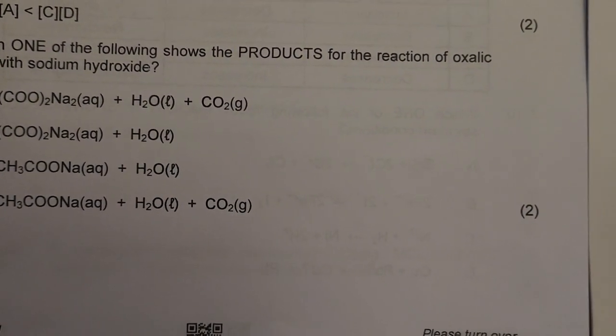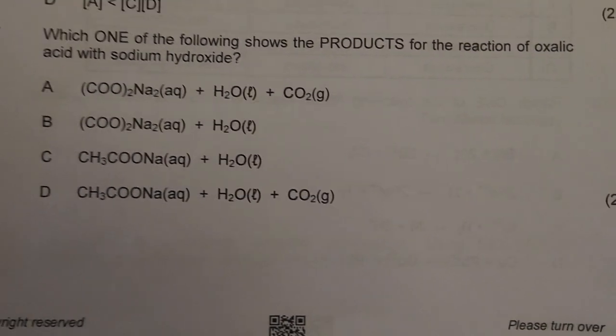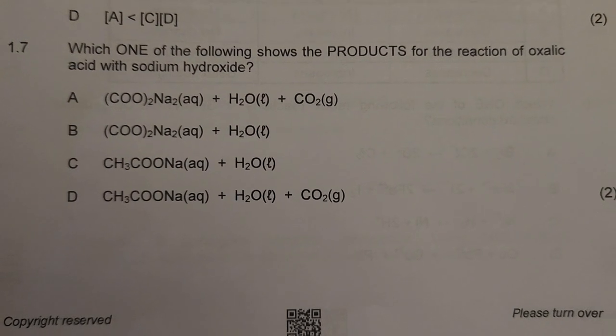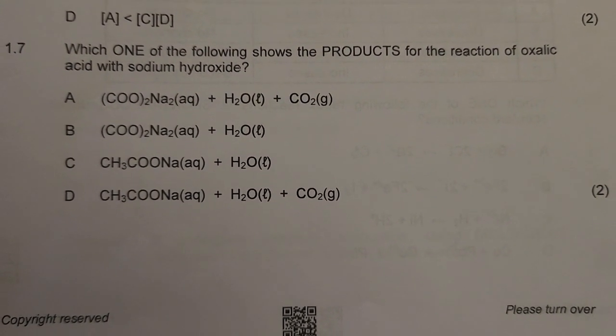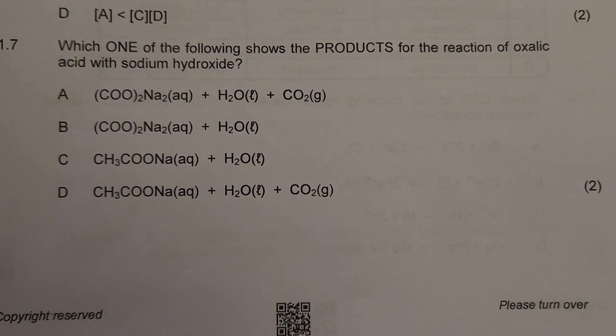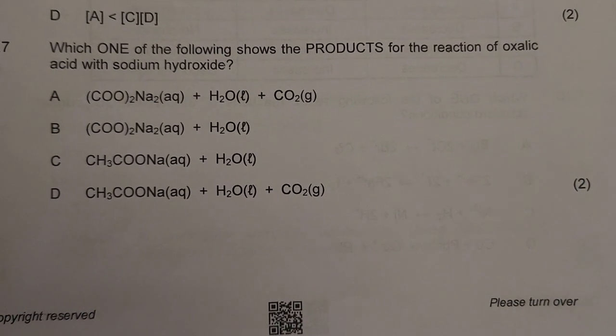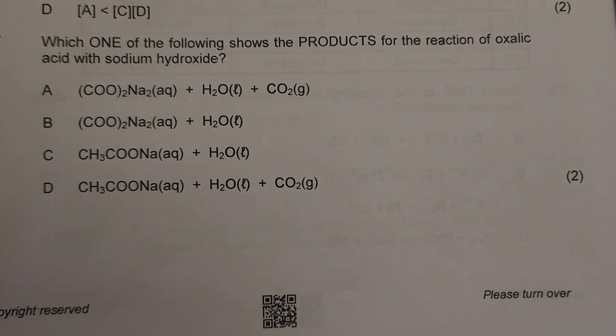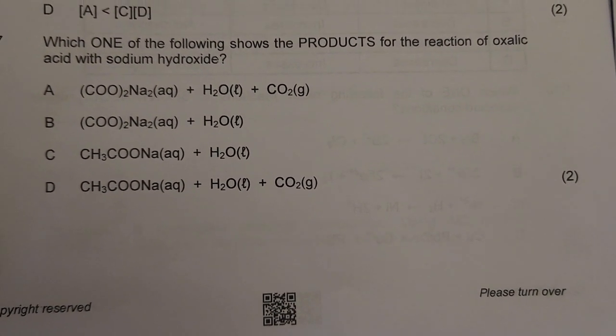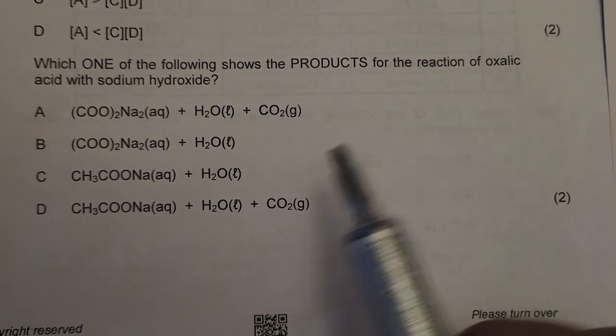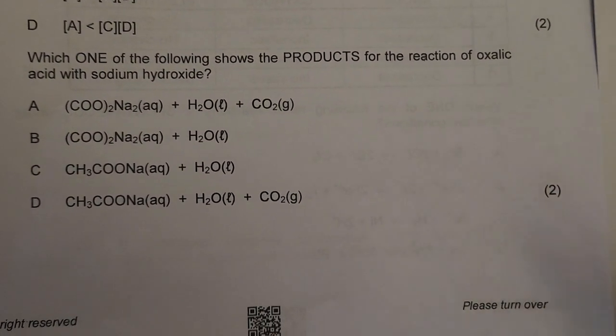1.7, they're telling us to say which one, let me just show you clearly, which one of the following shows the products for the reaction of oxalic acid with sodium hydroxide. Oxalic acid with sodium, remember it will obviously form sodium oxalate and water.